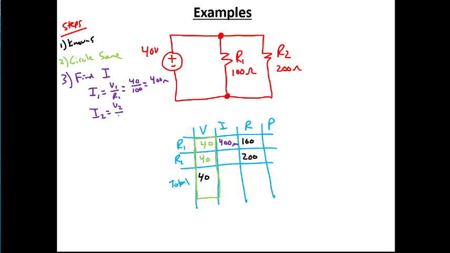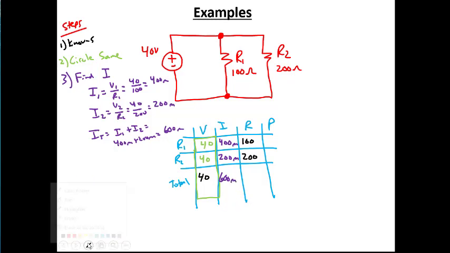I2 is going to be V2 over R2, so that's going to be 40 divided by 200. And that's going to be 200 milli. So put that in here, 200 milli. And then the total is going to equal I1 plus I2. So we'll have 400 milli plus 200 milli, and that's going to be 600 milli. So we have 600 milli there.